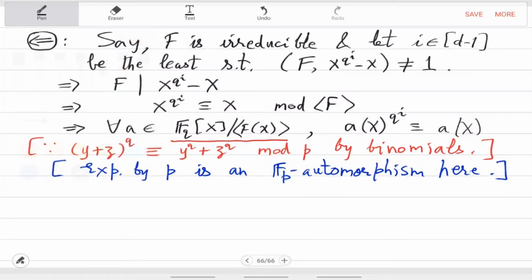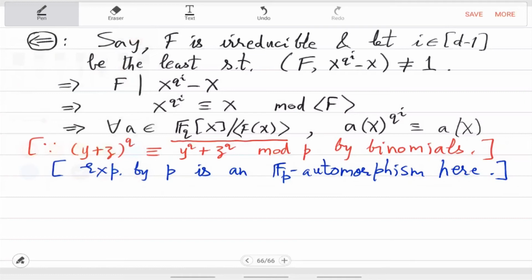So coming back to the last implication, what you have learned is that every field element in F_q[x] mod f satisfies this q to the I Frobenius action. It's a trivial action.